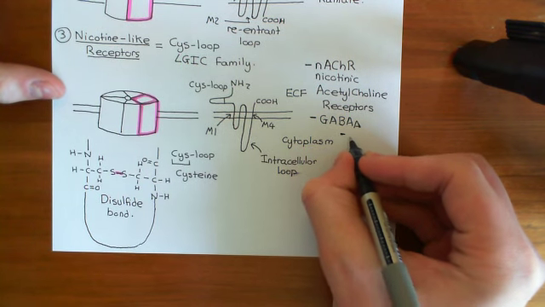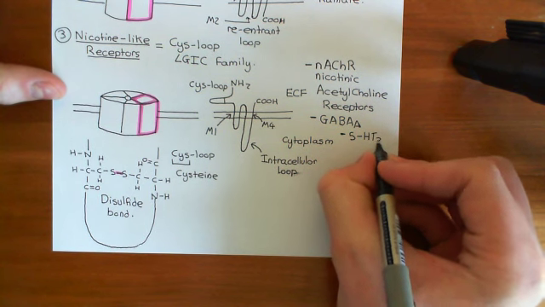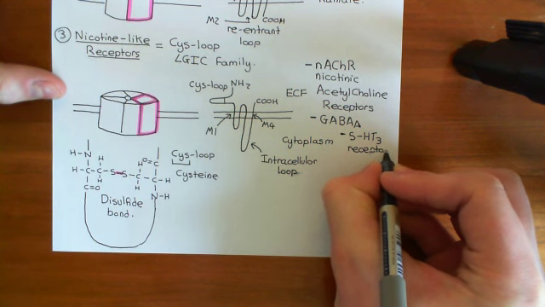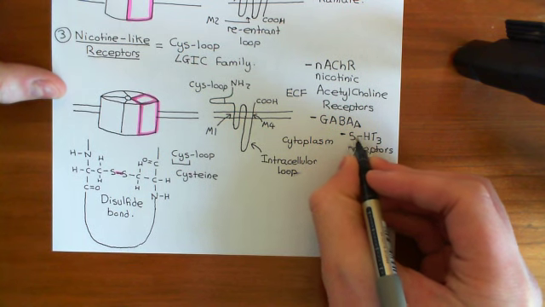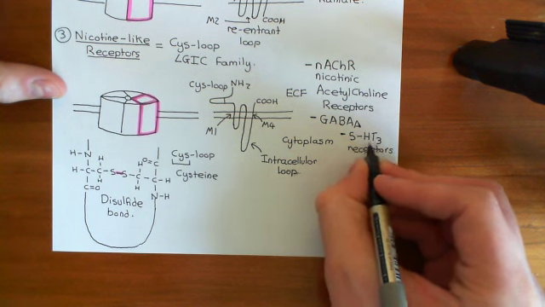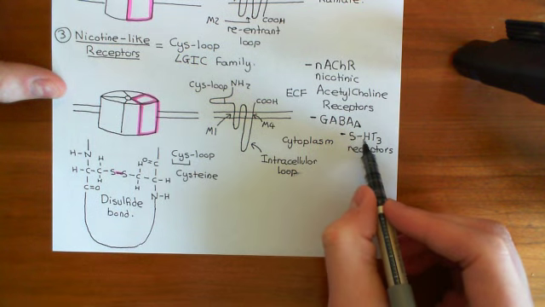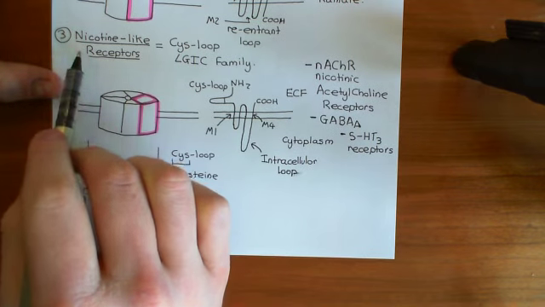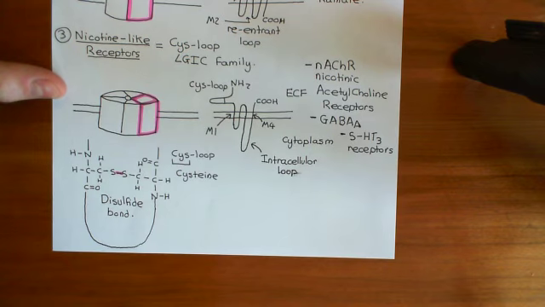Another important example, you also have the 5-HT3 receptors, and again, there isn't just one 5-HT3 receptor, it's a family of receptors. There are a huge number of serotonin receptors, and the other name for serotonin is 5-HT for 5-hydroxytryptamine. Most of them are G protein coupled receptors, nothing to do with ligand-gated ion channels, but the 5-HT3 receptor family are ligand-gated ion channels, and they are all within this family of nicotine-like receptors, or cys loop ligand-gated ion channels.